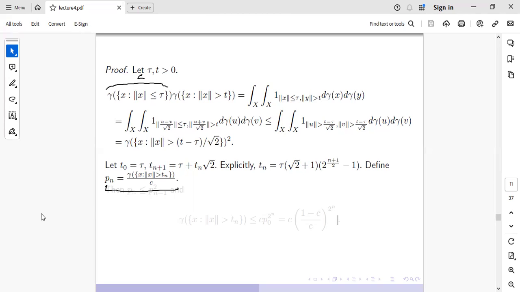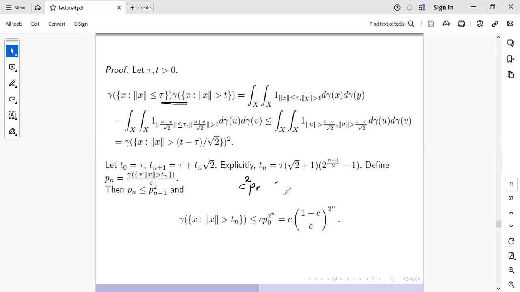Then Pn is less than P(n-1) squared. Let's write C squared Pn. This will be exactly this product for t replaced by Tn.